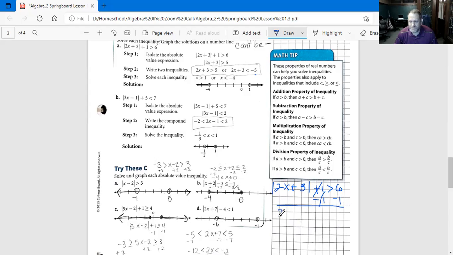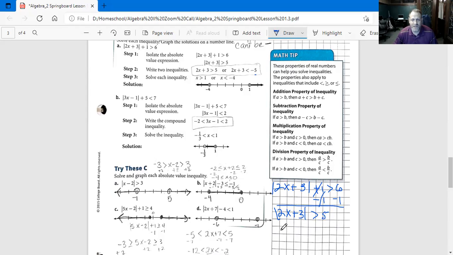And then the absolute value of 2x plus 3, I'll leave it in the brackets, is greater than 5. Okay, 6 minus 1 is 5.